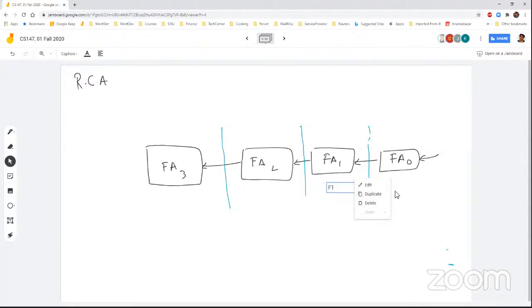And then this first adder, FA0, can start the summation for the next function too, right? And then it sends here, and this LSB can start the next function.